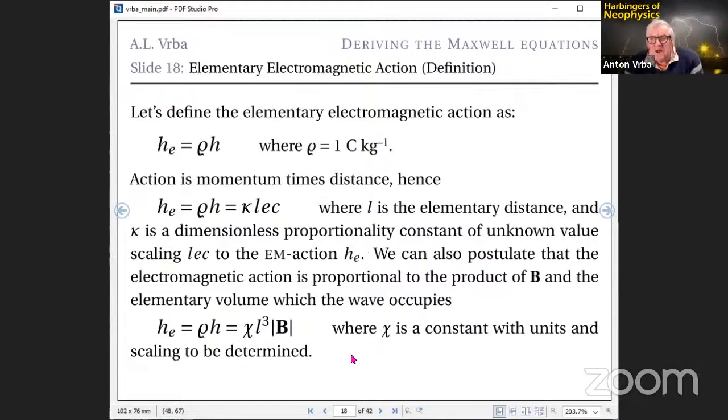I can also postulate that electromagnetic action is proportional to the product of the magnetic field B and the elementary volume which the wave occupies. And again, with a proportionality constant chi: L cubed times B. I hope you haven't got any problems with these definitions that I bring into the field here.